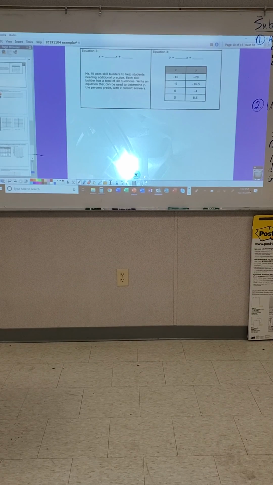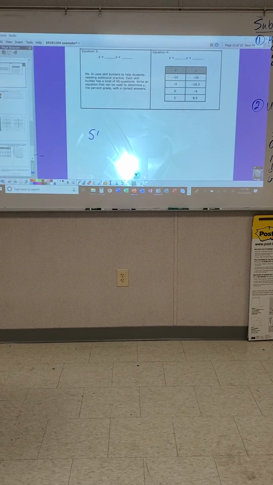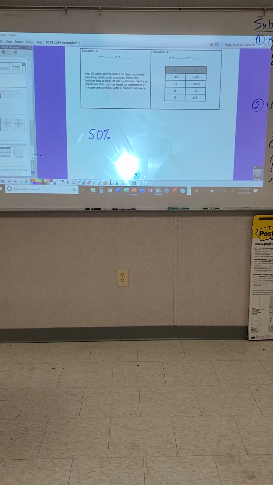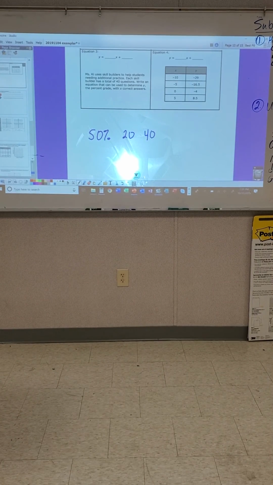The way I would approach equation 3 is we don't know exactly how many questions would be answered correctly, but we do know there's 40. So if a person got 50%, that means that they would get 20 out of 40 correct.